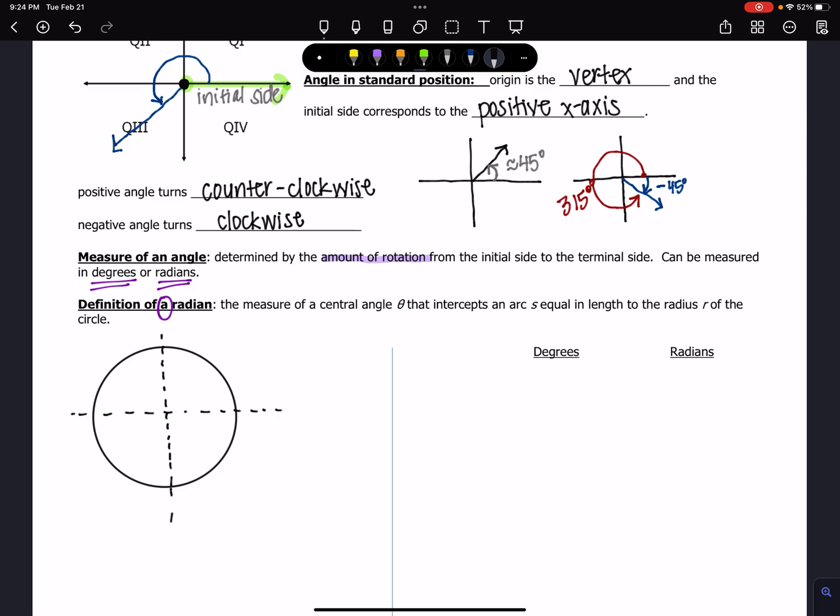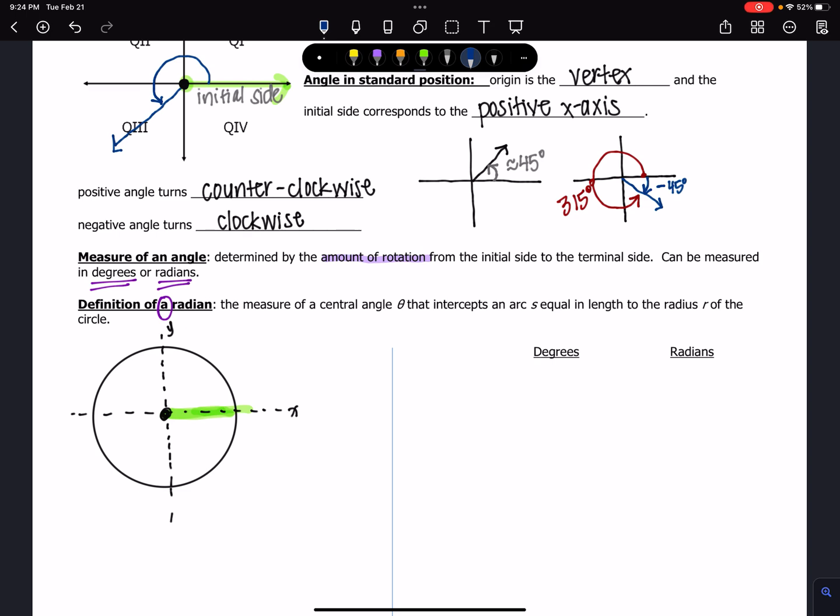So here I've got the center of my circle, and I just tried to make a little x-axis and a little y-axis, a horizontal axis and a vertical axis. My initial side, remember, is going to be the positive x-axis. So here's my initial side of my angle.